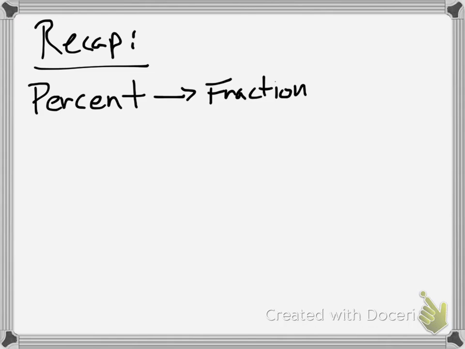Okay, quick little recap. If you're trying to go from a percent to a fraction, like say 40%, just take that 40 and put that over 100. Done. There is 40% as a fraction. Sometimes it'll say to put it in simplest form, and then you're going to have to reduce your fraction.